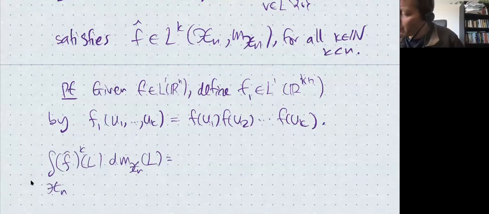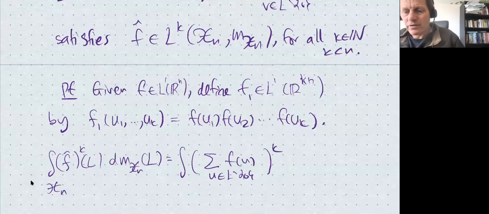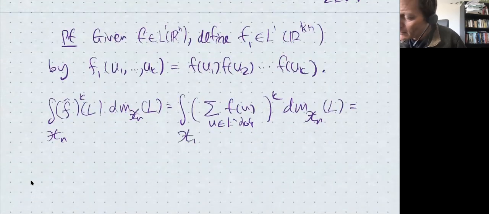This is nothing but the sum over non-zero vectors of f of v, to the k. When you open this kth power, you're multiplying this object by itself k times.